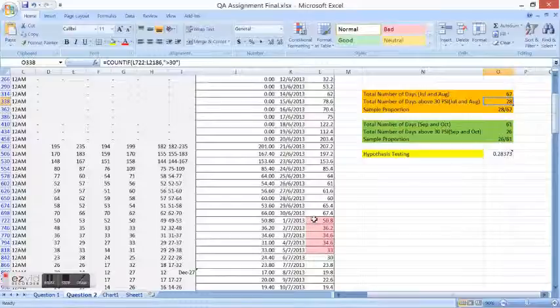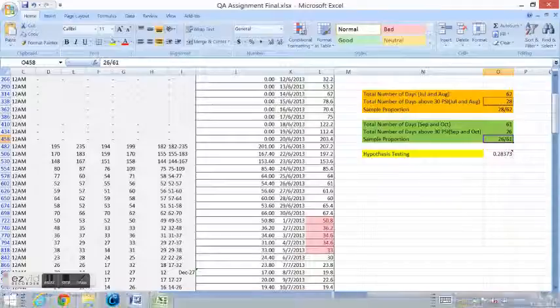So I use COUNTIF, if the number of days from July to August is more than 30, then it will count the day. This is what I get for September and October. I use the same method, and this is the sample proportion for each. And so that's it.